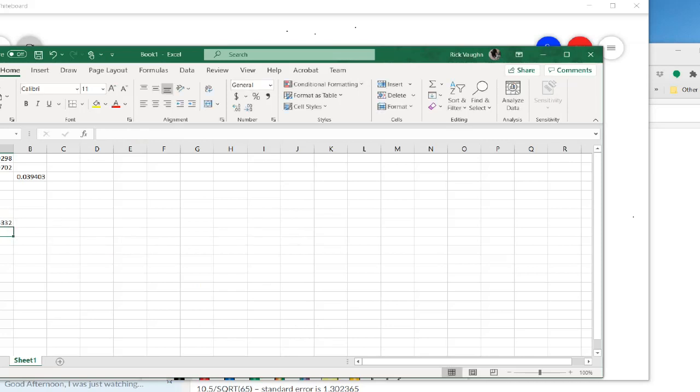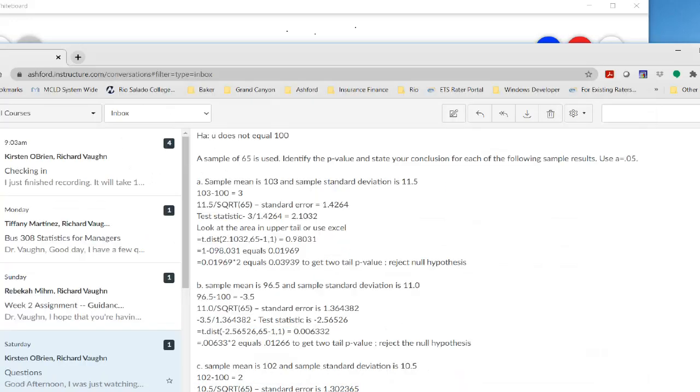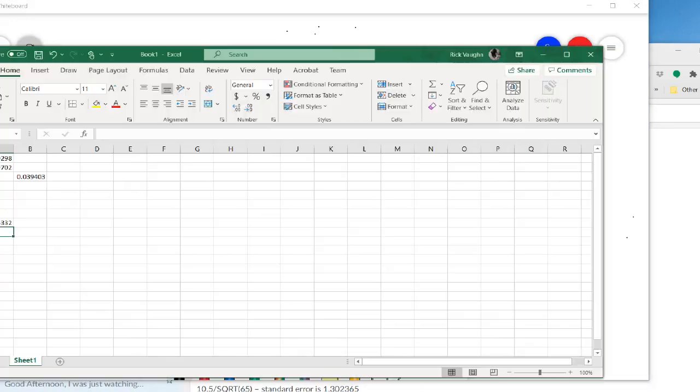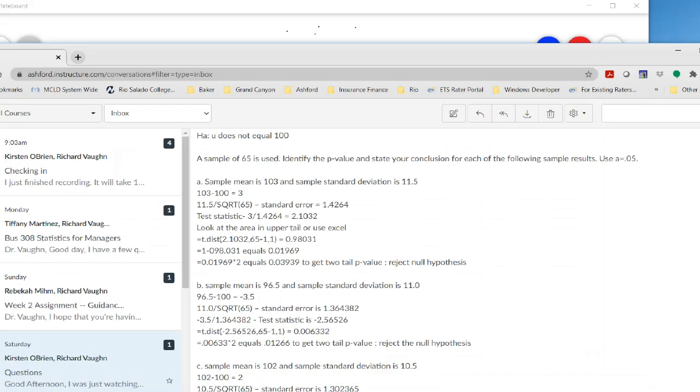And here's that left area. And then again, because it's a two-tail test in part B, I'm going to double it. Equals 2 times that number. And that gives us our p-value of 0.012, which is what you have written over here.